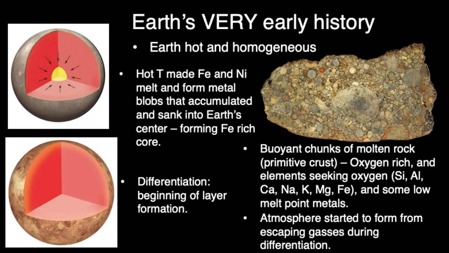Another important consequence of this chemical differentiation process was the large amount of gases that were released and allowed to escape from the Earth's interior. With all this movement and reworking of the initially homogeneous matter within the Earth, some gases escaped from the interior and were able to make up the current atmosphere.